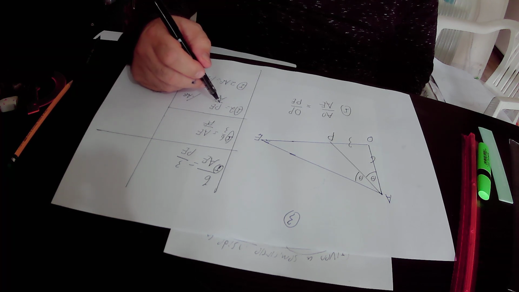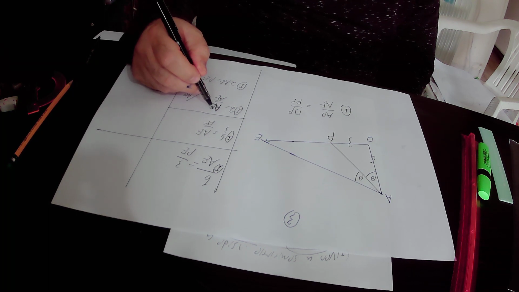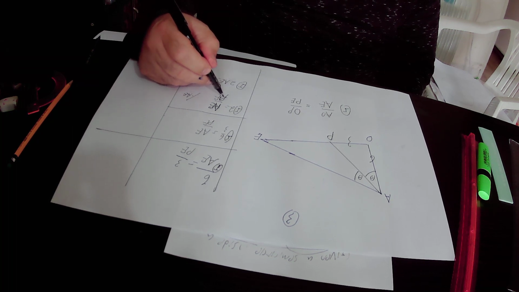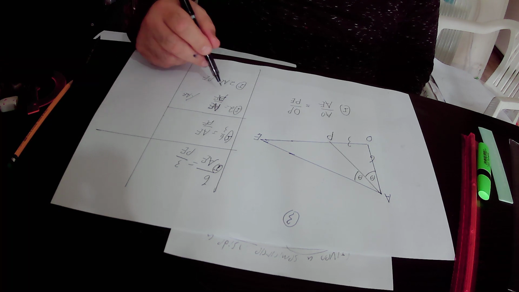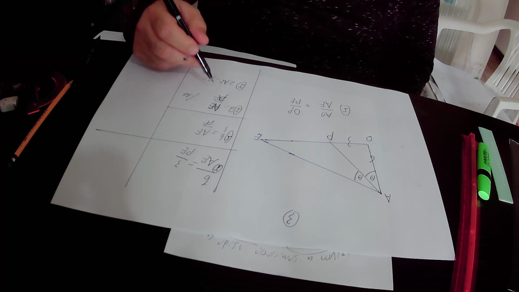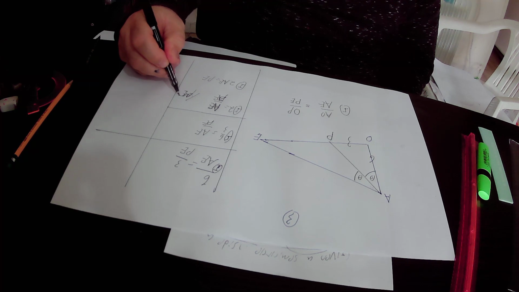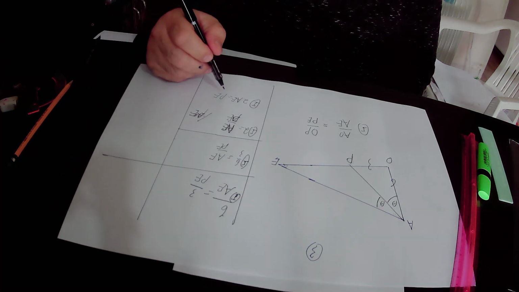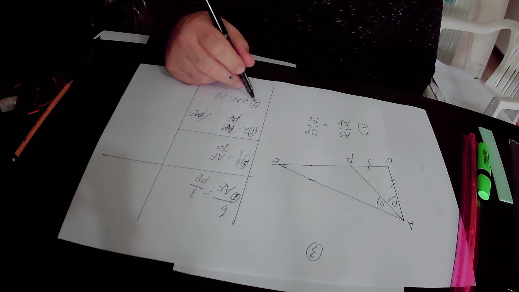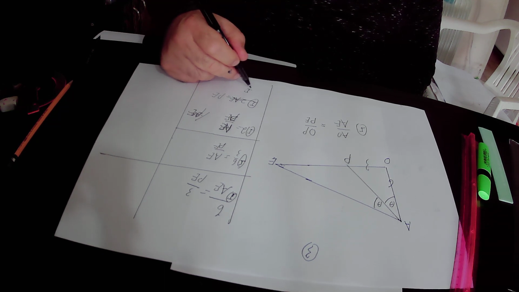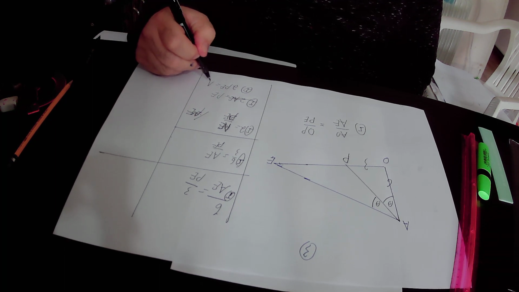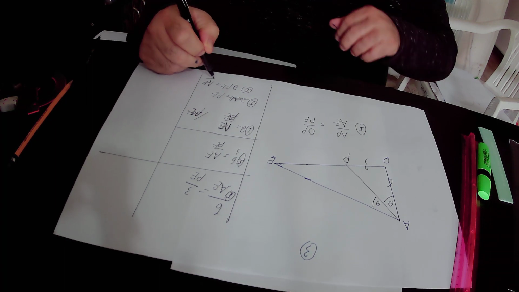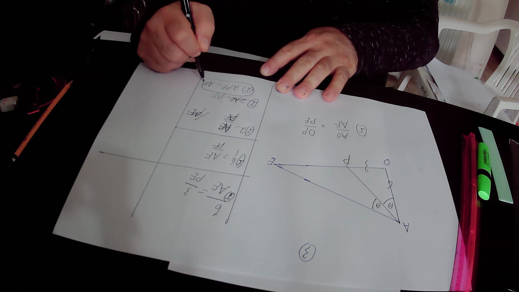I multiply equation number 1 by PE, and we get that 2 times PE equals AE. Okay, 2 times PE equals AE.